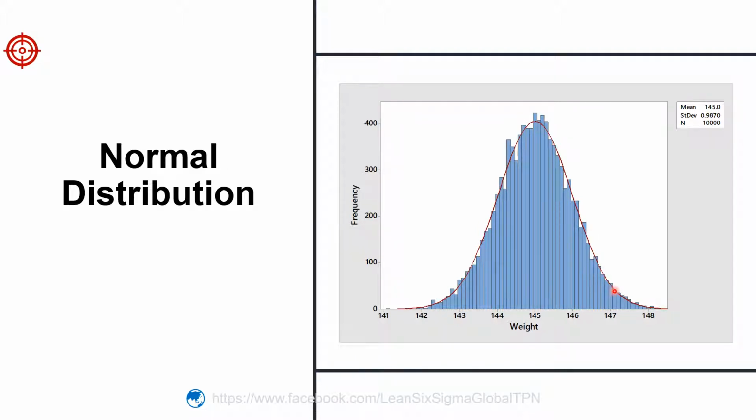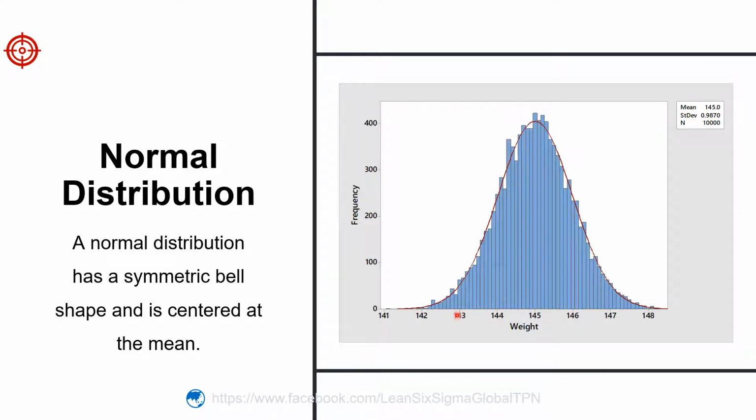The classic distribution used to describe data with these properties is a normal distribution. We've already seen normal distributions in connection with the sampling distribution of the mean. A normal distribution has a symmetric bell shape and is centered at the mean.